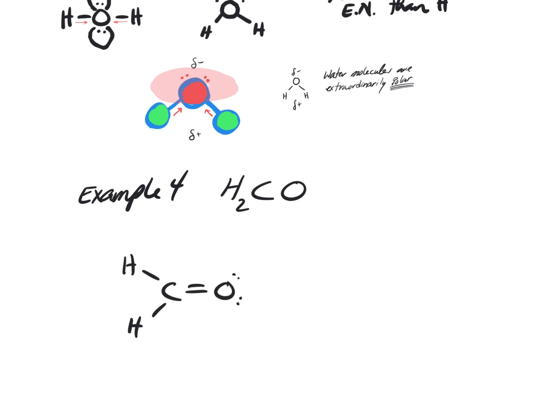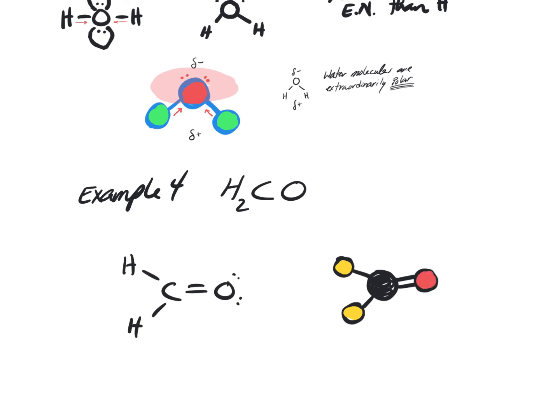All right. And if you're looking at this molecule by now, I'm hoping that you would recognize this as a trigonal planar molecule. Where this is carbon, and this is hydrogen, and this is hydrogen, and this is oxygen.